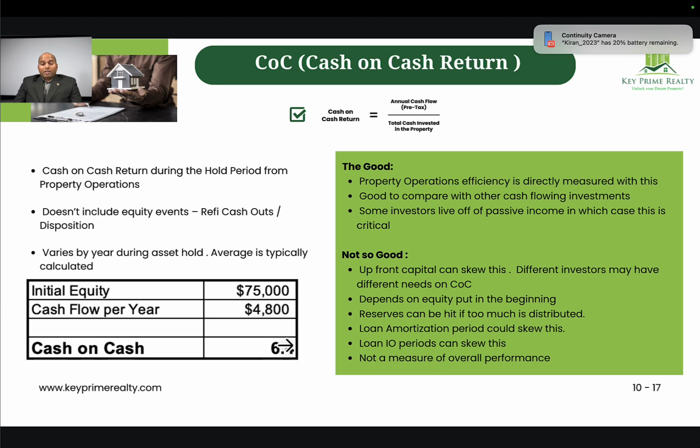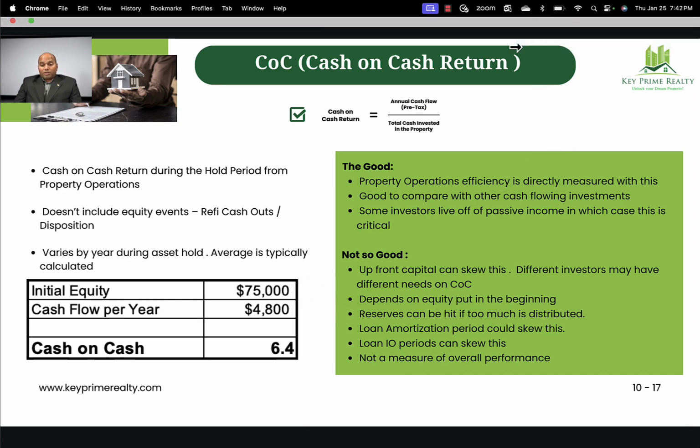On the other hand, if you are giving the cash out immediately without improving the property, it can also be skewed. There are so many ways this can be skewed. So for that reason, you've got to look at cash on cash in conjunction with other metrics. Cash on cash alone is never a good metric that gives you the total picture.